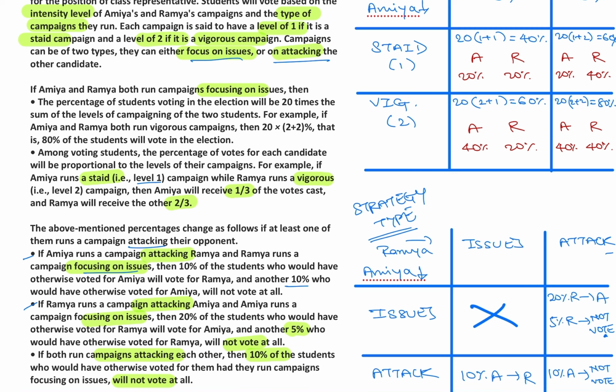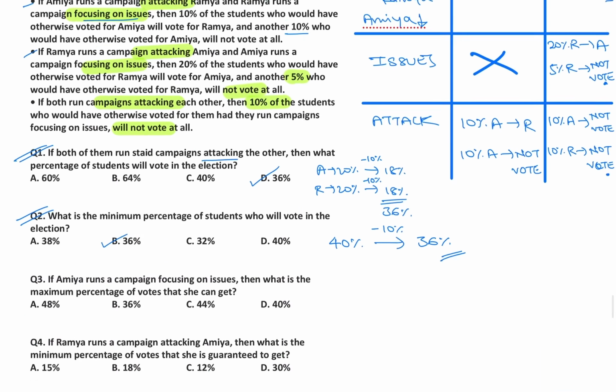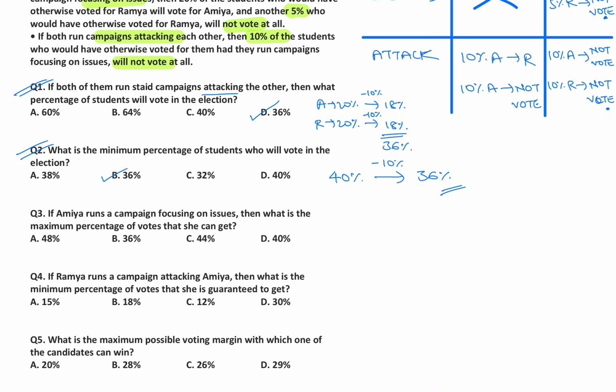And since I have to redirect some of the votes from Ramya as well, that is 20% of the votes, I'll take 40% so that I get maximum. So the two data points that I'm looking at, Amya will have 40% votes. Ramya will have 40% of the votes.